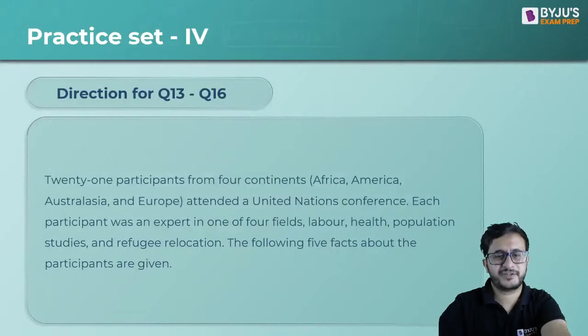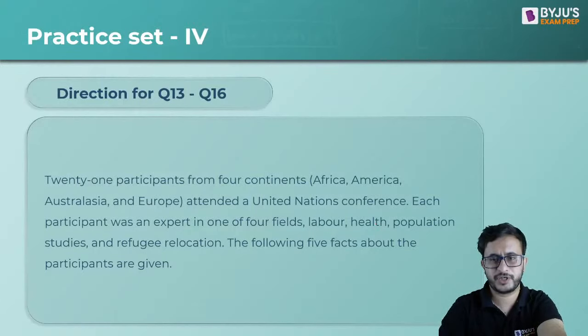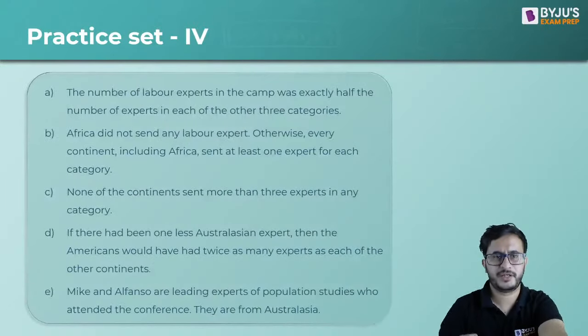Okay, so there are 4 continents: Africa, America, Australasia, and Europe. And there are 4 categories, right? Labor, health, population studies, and refugee relocation. LHPR.